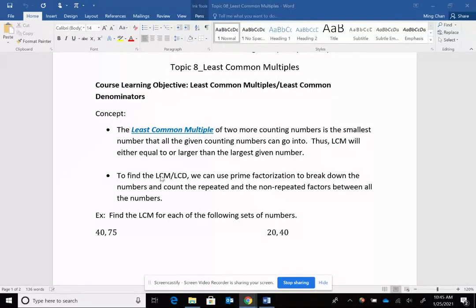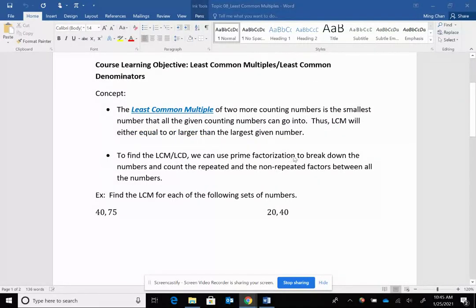So to find the least common multiple, or the least common denominator, which is the same thing, we use the same technique. We can use our prime factorization to break down the numbers.